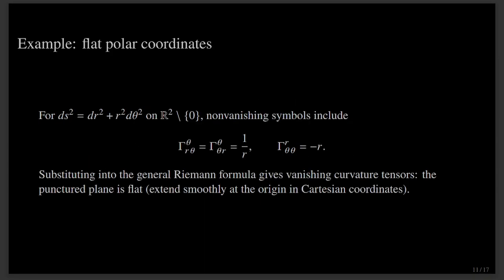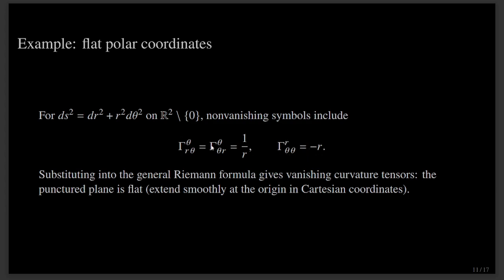Now, we can look at flat polar coordinates where we puncture and create that point at infinity, or I guess point at 0 technically. But for non-vanishing symbols, because of the way that the indices are symmetric, we can have 1 over r, and the gamma for the theta indices are minus r.